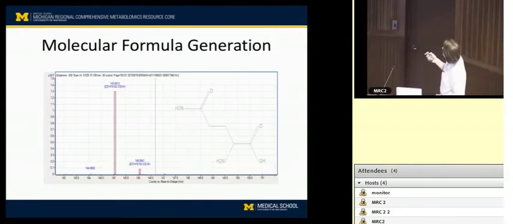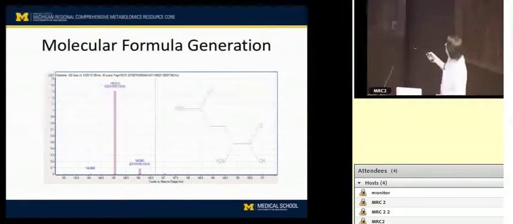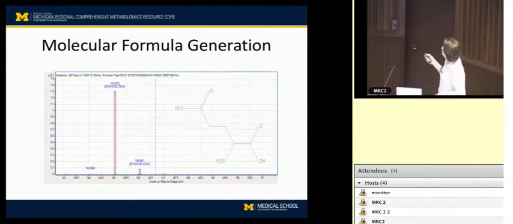So, if we were to do the molecular formula generation, as I showed the other day, you have an isotope distribution which is unique based on the molecular formula of a compound. It should have a natural abundance which is representative of the atoms in that particular metabolite, so you can work that backwards as well.